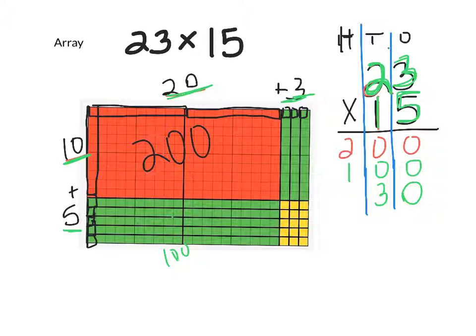And last but not least, I have my last partial product, which is 5 times 3, with all my little ones down here. So I know that a 5 times 3 array is 15 ones. I add that to my running record, and then I can just add up all 4 partial sums, and I have 345.